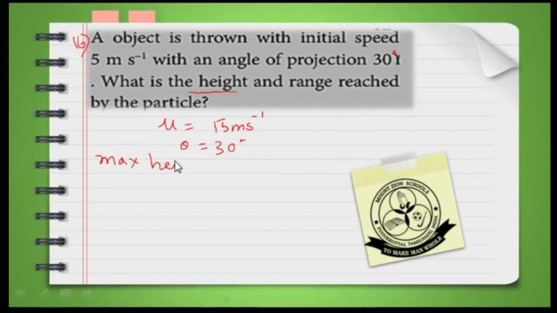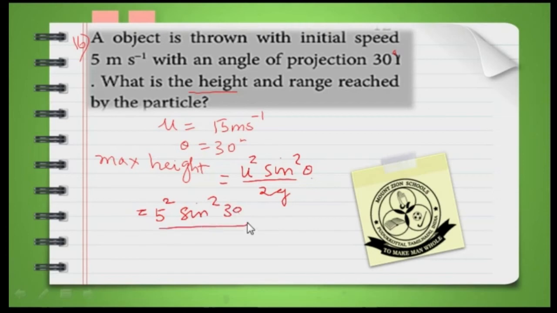So maximum height is given by the formula u square sin square theta by 2g. So when you substitute, it is 15 square sine squared 30 by 2 into g value is 9.8. Here we will get 25 into 1 by 4 into 2 into 9.8.